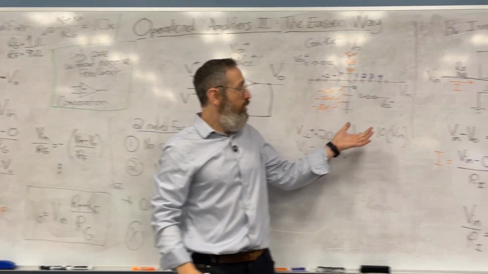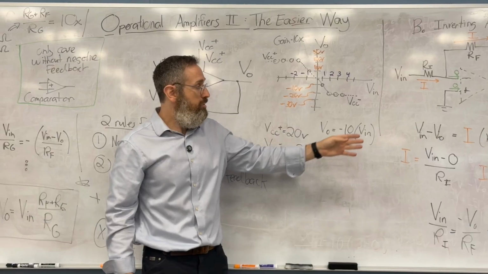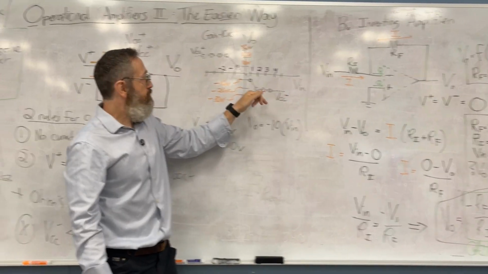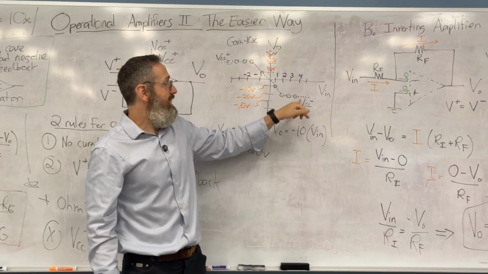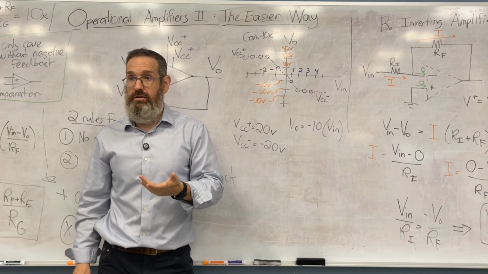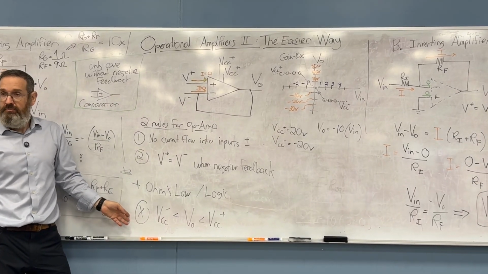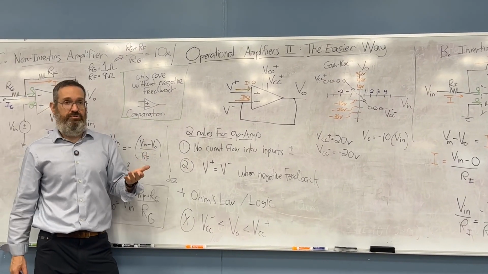And you can see why this is an important note. If you were to build this circuit and put in 4 volts and expect to see minus 40, you would not. So this is not just an addendum. It is absolutely essential.